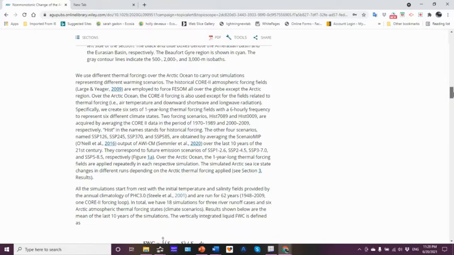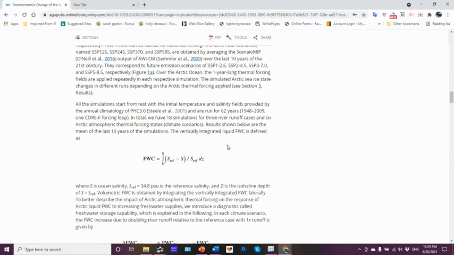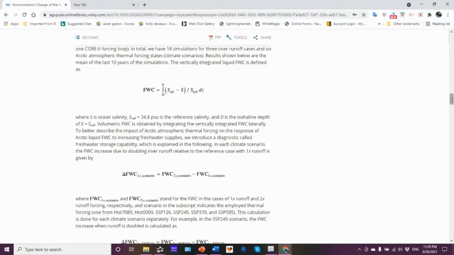And then they use a different thermal forcing to carry out the simulations. They do a little explanation of some of the math here. So this is a straightforward integration. Freshwater content, you integrate from depth to the surface. 0 is the surface, and S means salinity, ocean salinity.